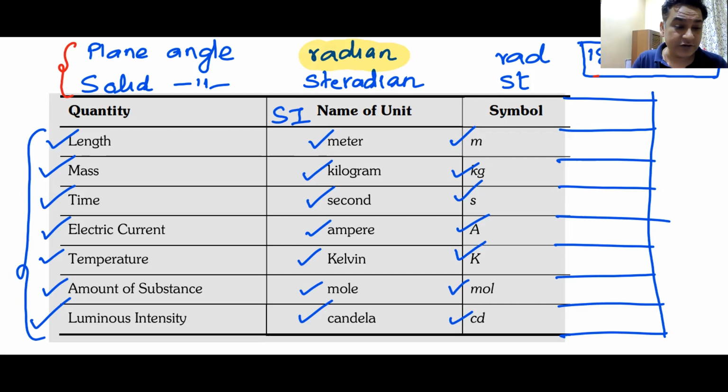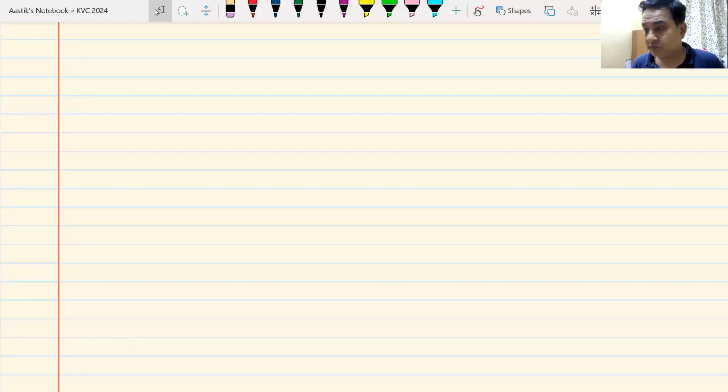But before going on to that dimension part, we have to understand what we mean by this dimension. Now again the baton passes on to you. Can anyone tell me what do you mean by dimension of a physical quantity? Sir, length, mass, time, sir. Yes, beta. Sir, we include in that length, mass, time, sir. That is dimension formula.